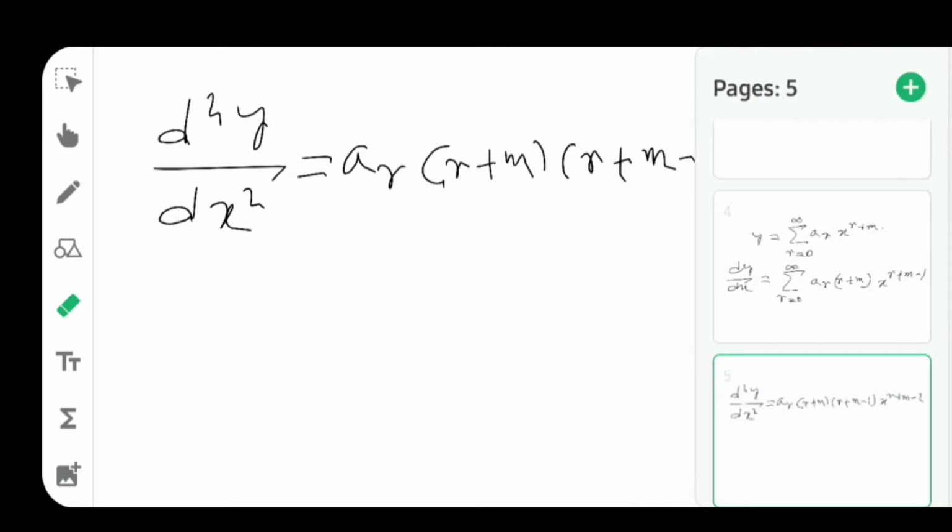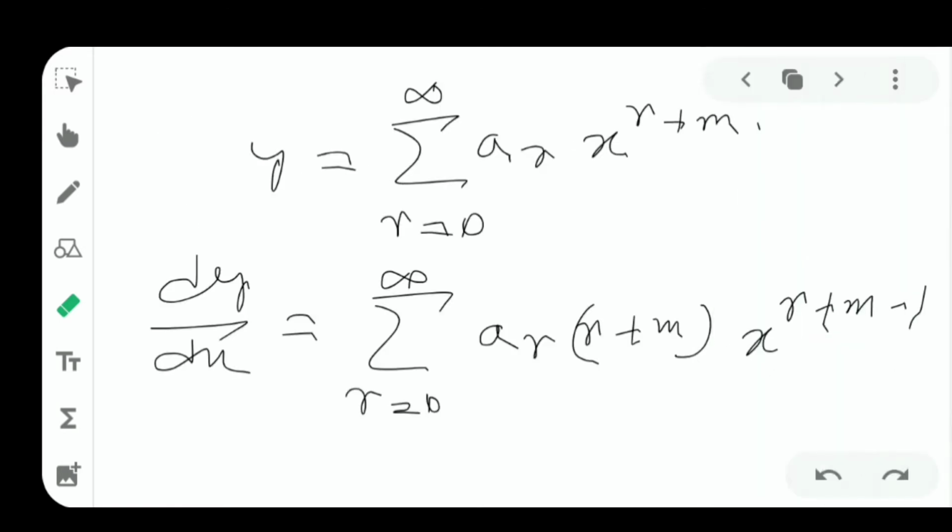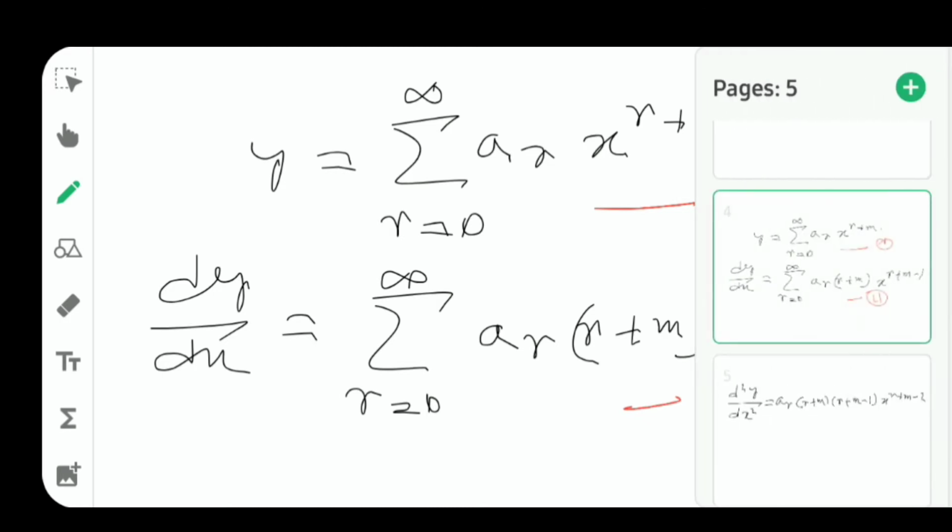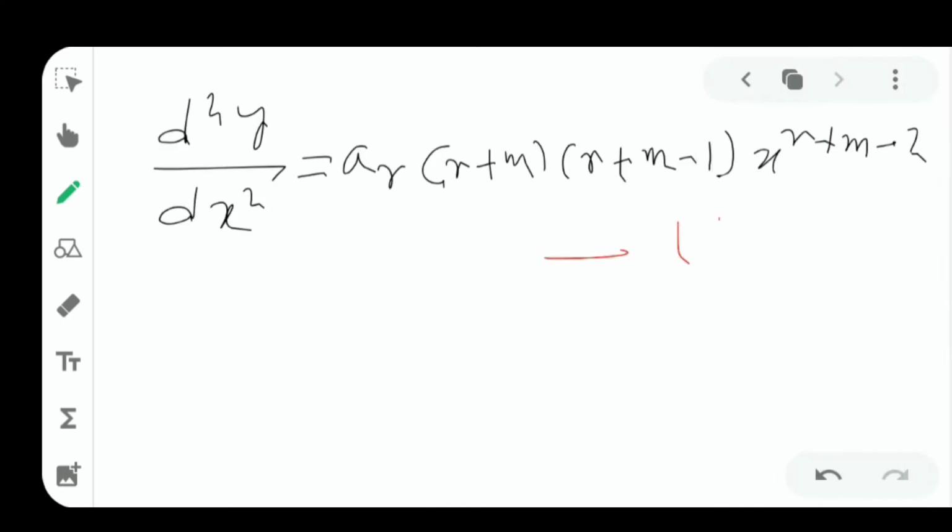Now we have to put these three equations, this is equation number 1, this is equation number 2, and this is equation number 3.